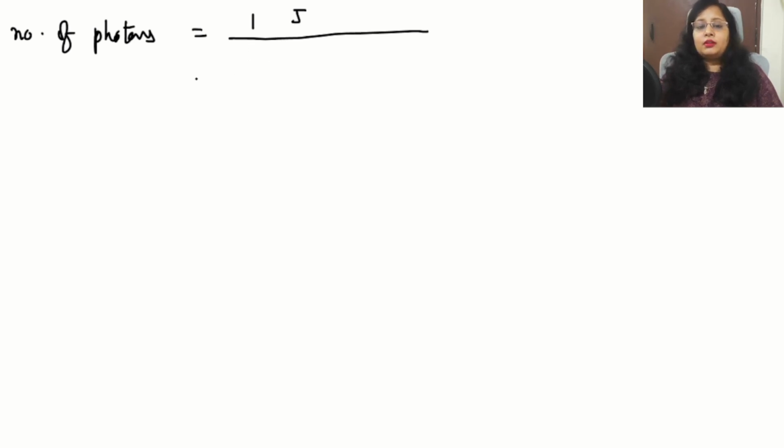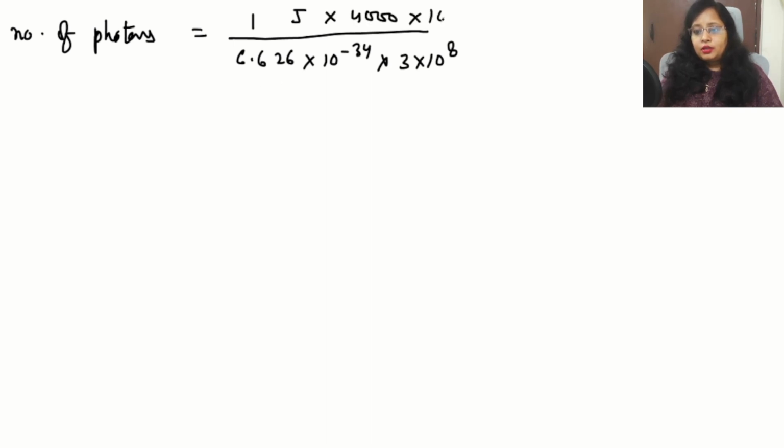So it will be written like this: 6.626 into 10 to the power minus 34 into 3 into 10 to the power 8, and 4000 into 10 to the power minus 12 will go up like this, and the unit is joule again. Now joule and joule will be cancelled. First of all, we will adjust all the powers.